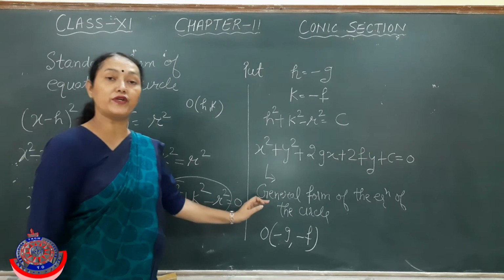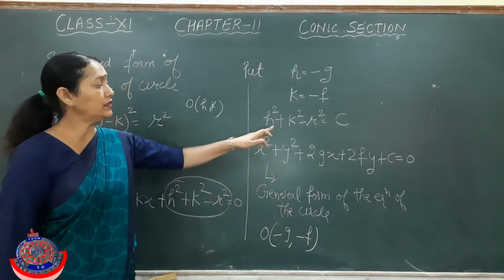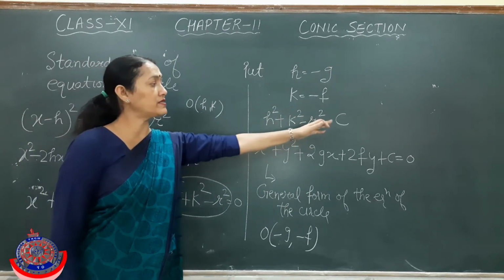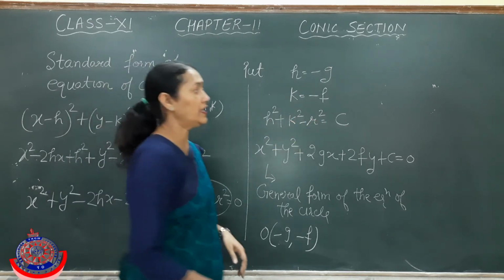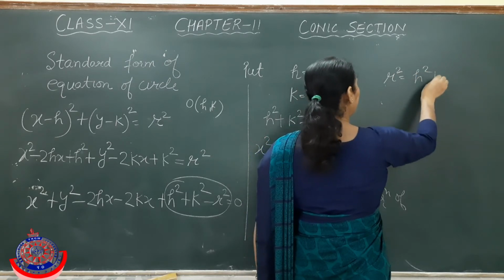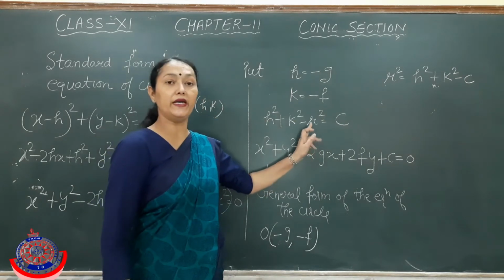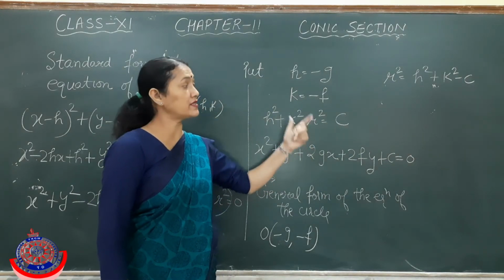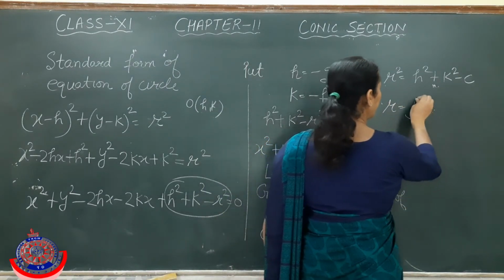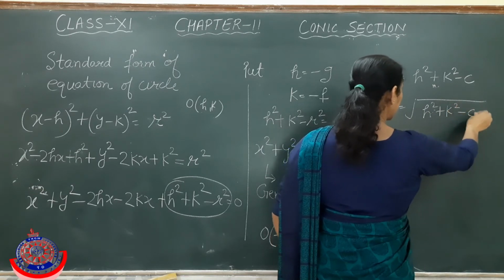So this is general form of the equation of the circle with center as (minus g, minus f), and here we are saying h square plus k square minus r square equal to c. So we just replace the position of r and c. Radius square will be equal to h square plus k square minus c. You got it by interchanging the position of c and radius. If we remove the square, value of radius can be obtained by square root of h square plus k square minus c.